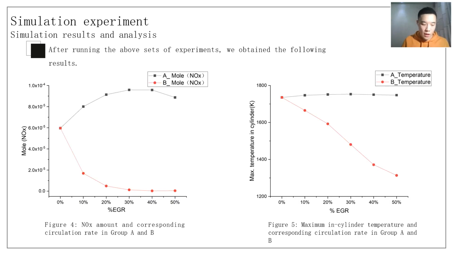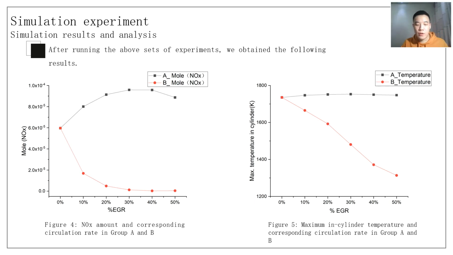As we can see, the black line represents the results of Group A. The red line represents the results of Group B. Figure 4 shows the nitrogen oxides generation corresponding to different exhaust gas recirculation rates in Group A and Group B. According to the data in Figure 4, in Group A, when the circulation rate is between 0% and 30%, the amount of nitrogen oxides generated increases with the increase of exhaust gas recirculation rate.